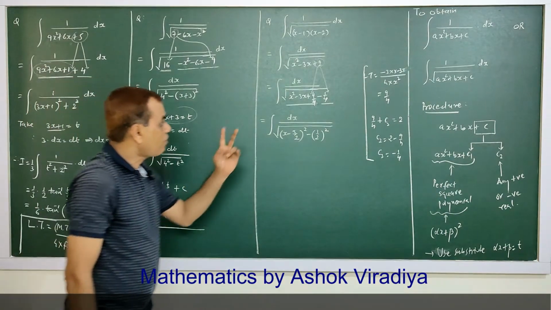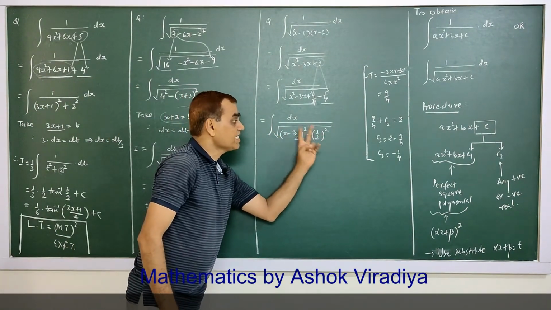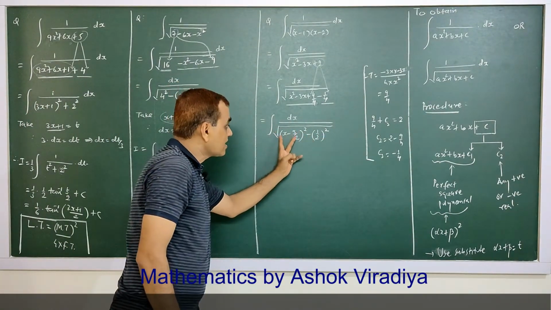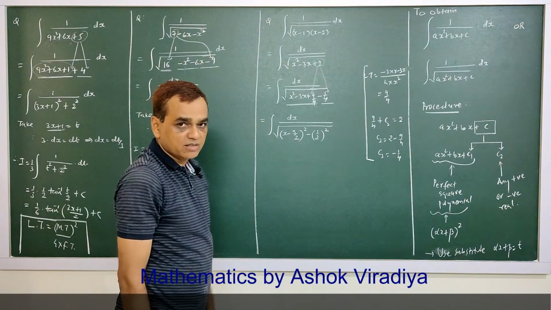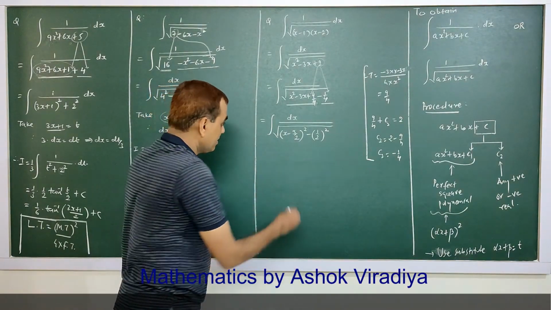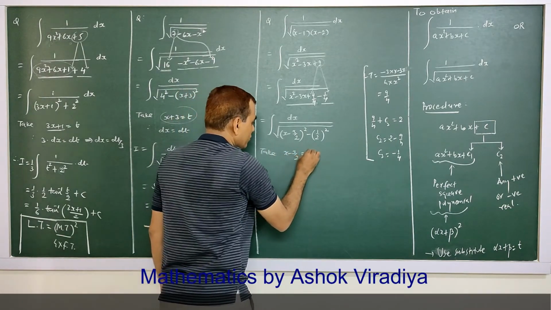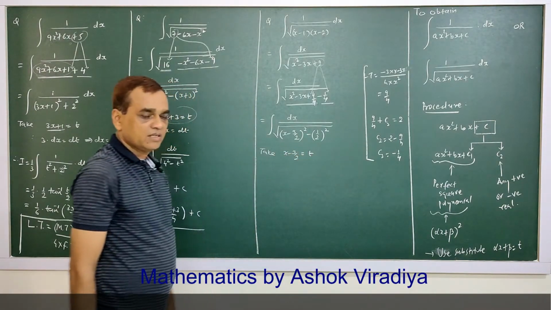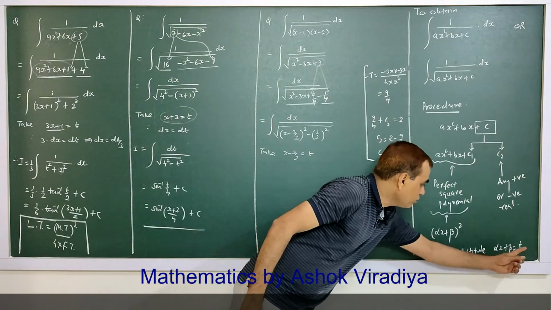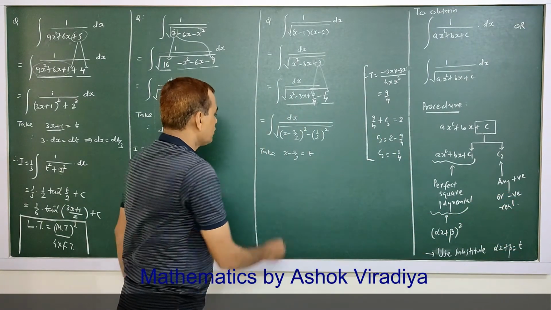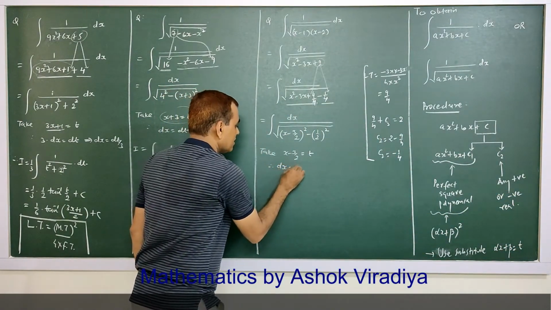Now it's a pattern of 1 upon the root of x square minus a square. So to get that pattern, we substitute x minus 3 by 2 as t. Taking x minus 3 by 2 as t, dx is dt.